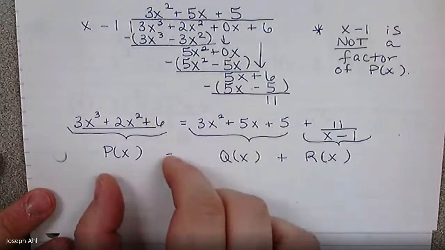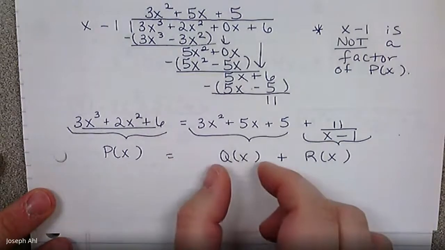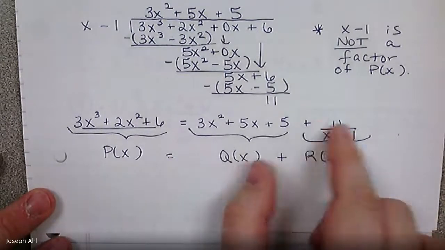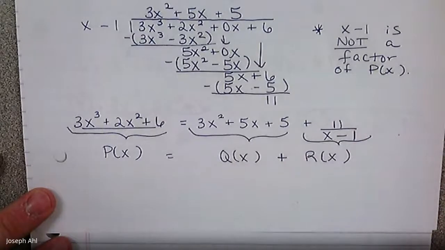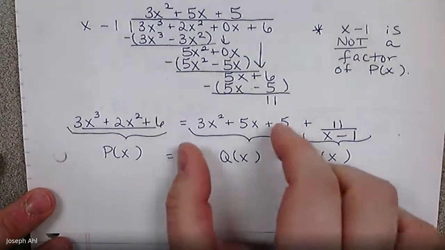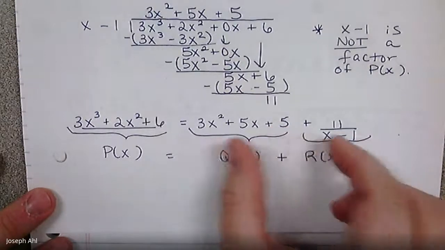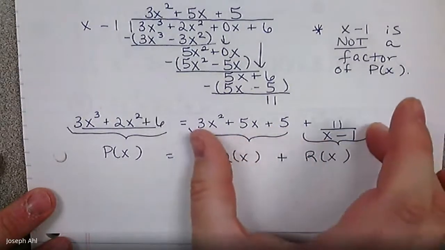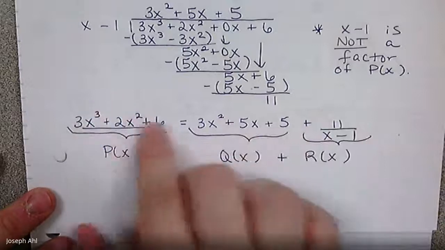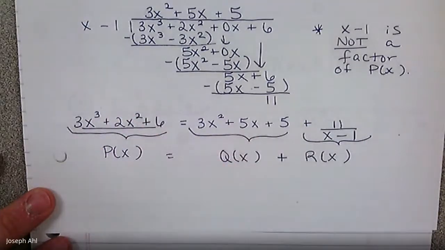So any polynomial could be written when you do division as a quotient plus the remainder. If the remainder is 0, that's really nice. Okay, but in this instance, if I were to combine this quotient plus this remainder back together again, it would get me back to this polynomial.